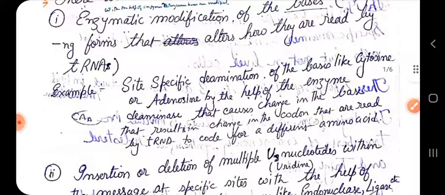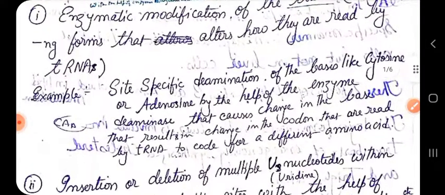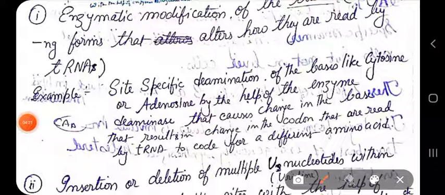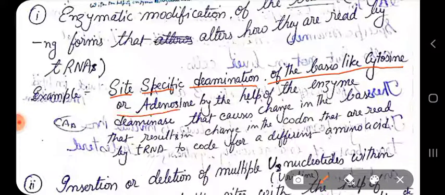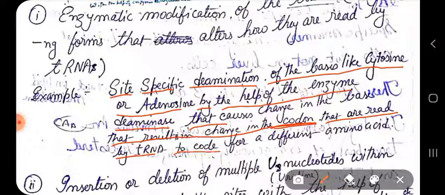For example, deamination of bases like cytosine. Here, site-specific deamination of bases like cytosine or adenosine by the help of the enzyme called deaminase causes change in the nitrogenous bases, which results in the change of the codons that are read by the tRNA to code for a different amino acid.